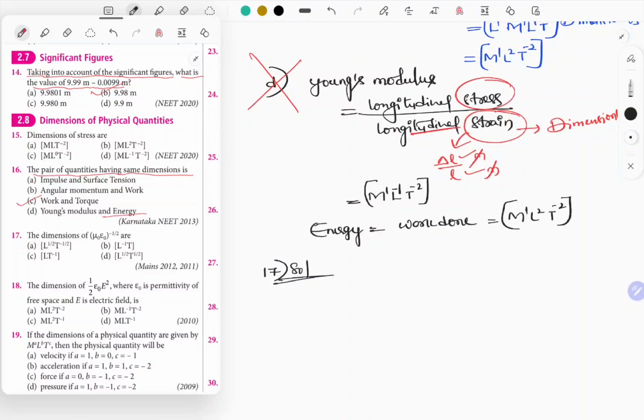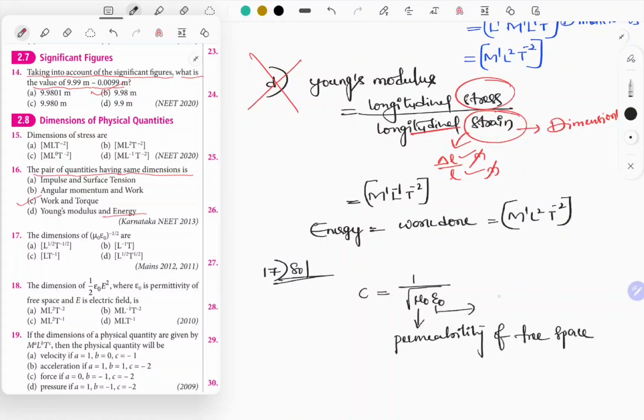Actually, this formula is for the speed of light in vacuum. The formula for the speed of light in vacuum is 1 by root of mu naught into epsilon naught, where mu naught is the permeability of free space.